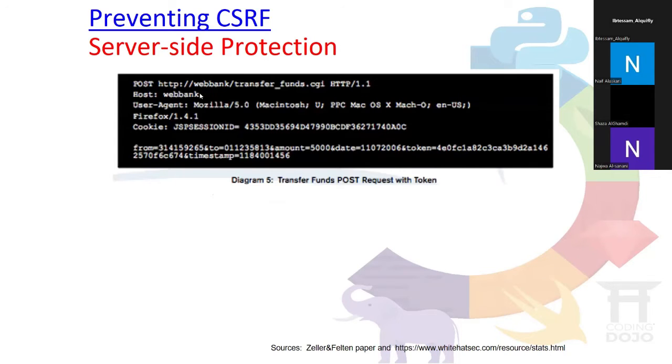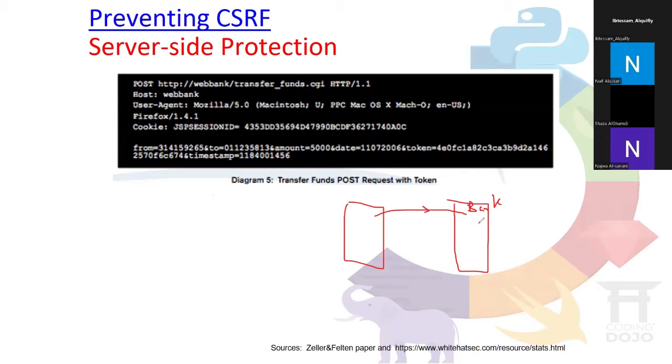So when you access the transfer web page, every time you are trying to access this website, let me show you one thing here. This is your browser, and this is bank.com.